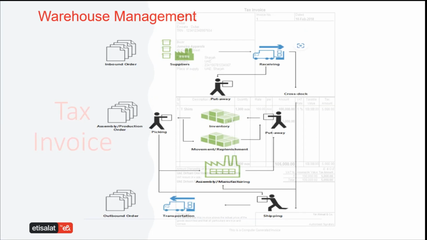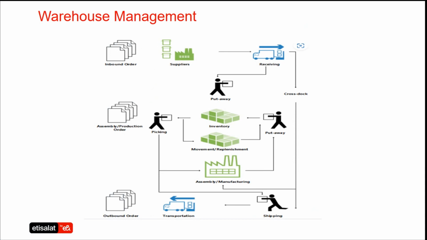Moving forward, the warehouse management. Dynamics 365 Business Central also has a module called warehouse management, which is one of the advanced features for organizations that want to manage different warehouses and their different inventories. In that scenario, Dynamics 365 helps manage your inventory based on multiple locations.